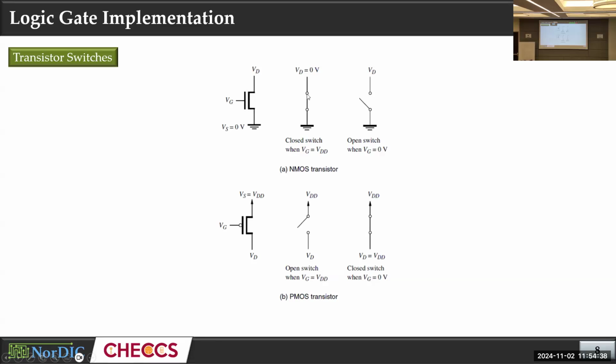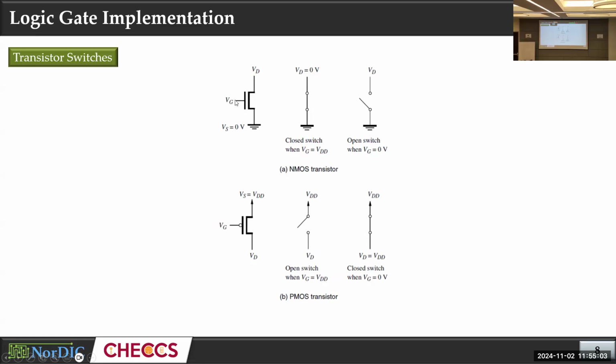I mean this is a switch. I have told you that the input of this MOSFET is actually the gate. So if the gate is 1, then the switch is connected. If the gate is 0, this is VG equal to 0 volt, which means logical 0.